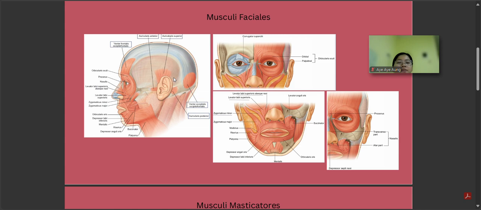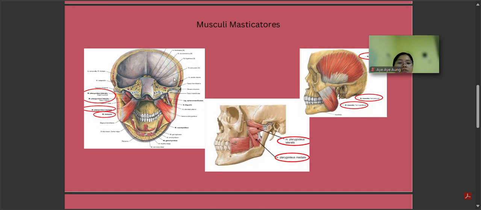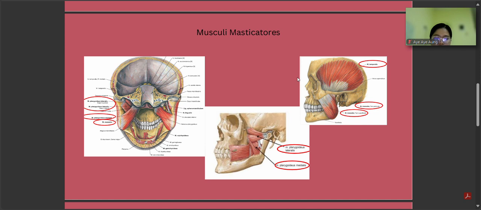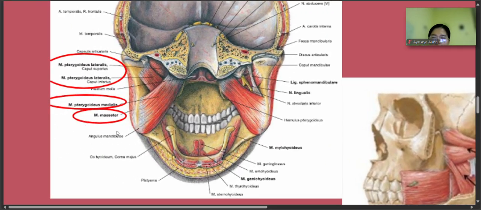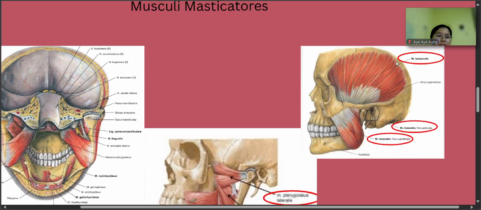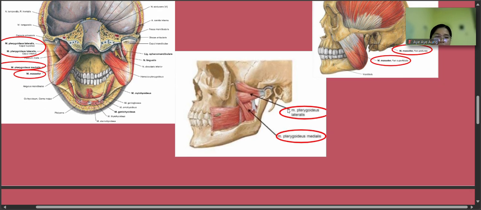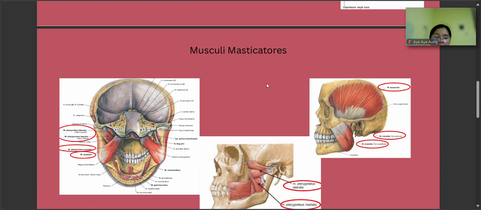Next, after we have learned about the musculi faciales, we will continue to learn about musculi mastigatores. These musculi mastigatores include the masseter here, and the large muscle here called musculus temporalis, and also musculus pterygoideus lateralis and musculus pterygoideus medialis are also part of the musculi mastigatores.